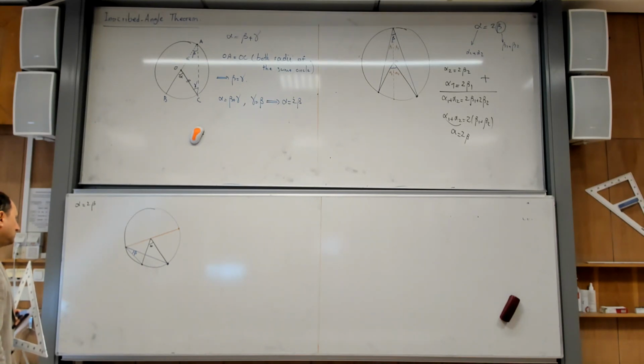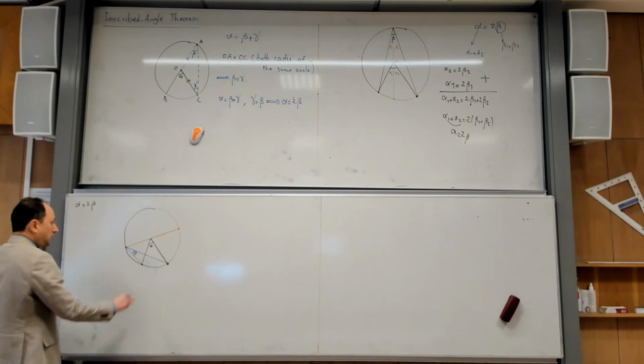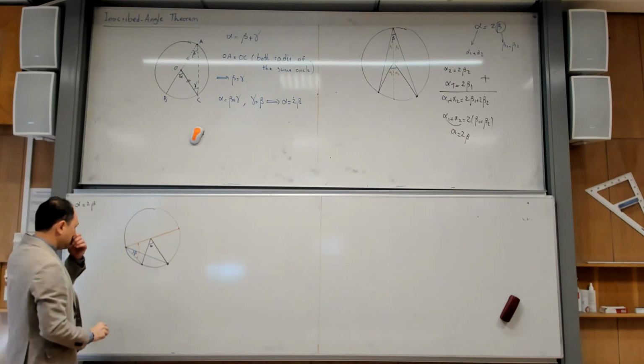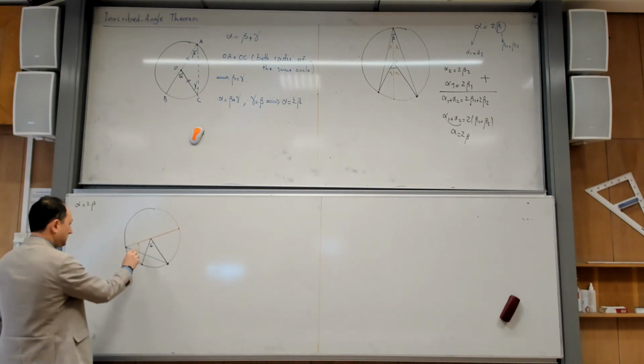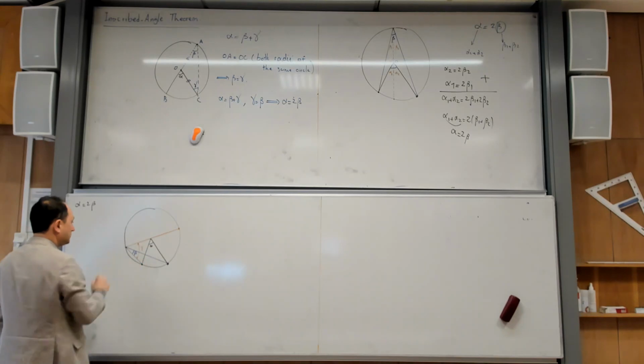Yes, I think it will work. Let us see how it works. So this time I have to bring something new in. This angle, let me call it gamma. Let me see if it works or not. I take this one to be gamma.